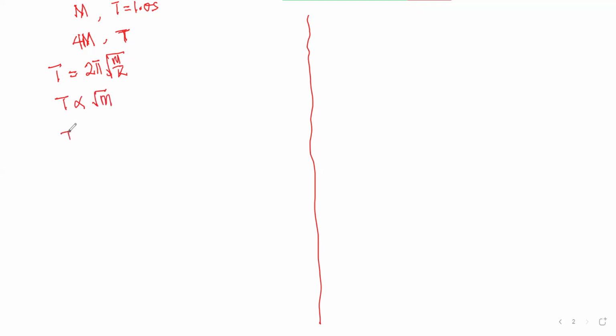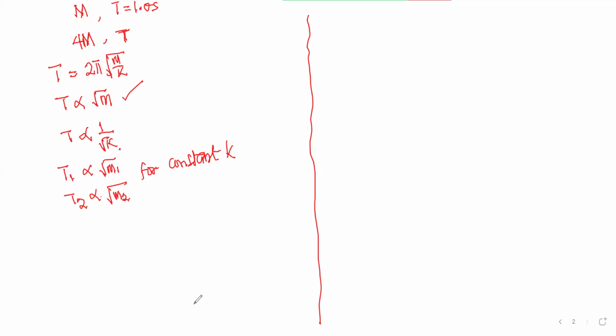We know T is inversely proportional to 1 over root of k, but we are not varying the spring, so we wouldn't have different k. So we use this for our analysis, meaning T1 must be directly proportional to root of m1, and T2 must be directly proportional to root of m2. This is for constant k, and once you are not varying the spring, k will be constant.